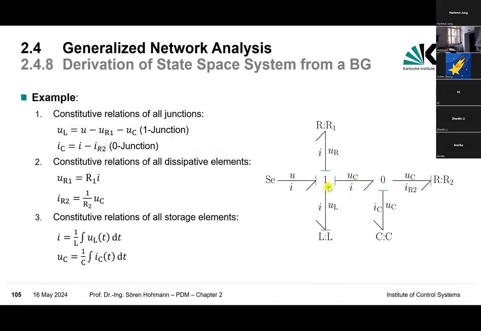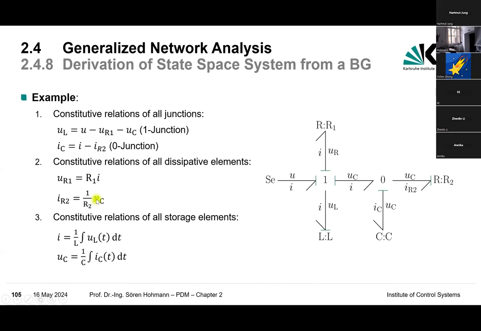Suppose we have here our example from before. We have the constitutive relations of all junctions given here with the causal stroke given, the 1 junction here. So I did the causal stroke assignment according to the rule given here. Obviously I have to look at this 1 junction, UL is equal to that, IC is equal to that, and then I use the constitutive relation of dissipative elements.